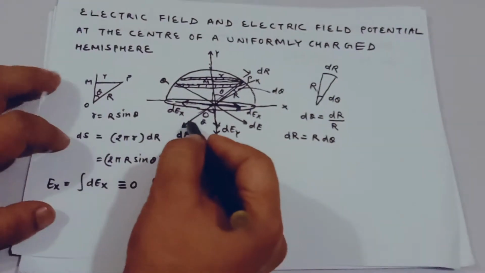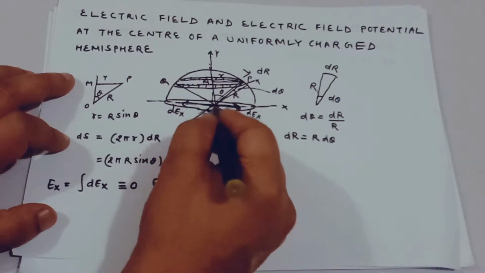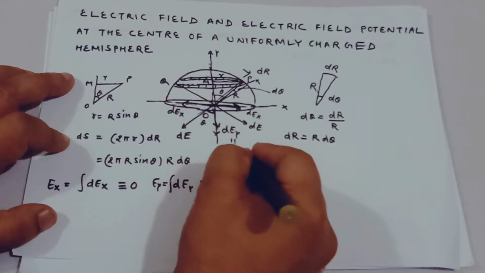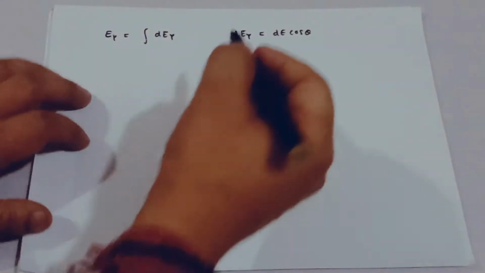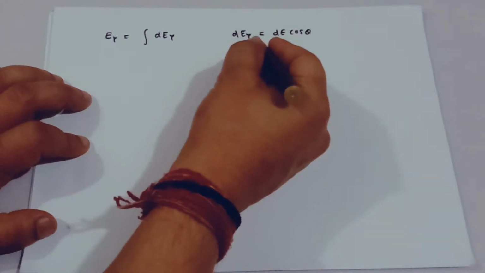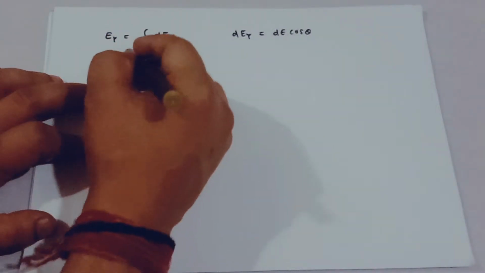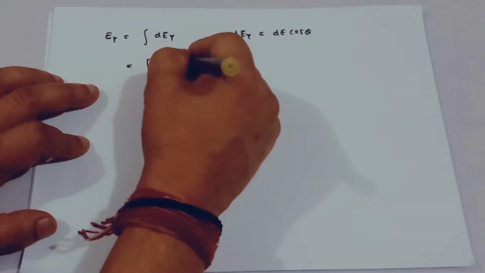If this is the electric field dE, then along the y-axis, because this is the theta and that is the base, that would be dE into cos theta. So I'll put this value here. So dE along the y-axis would be dE into cos theta, and that would be the integration of dE into cos theta.